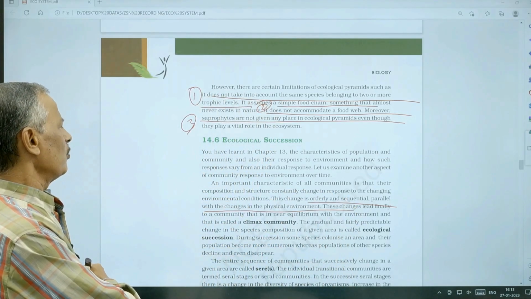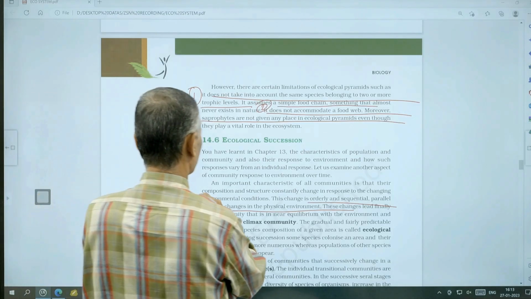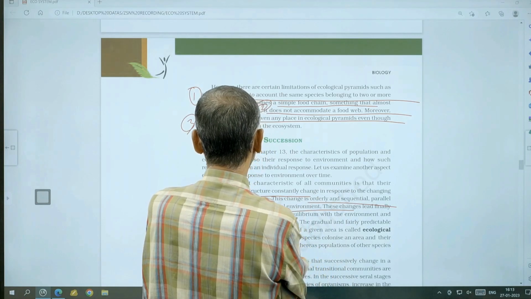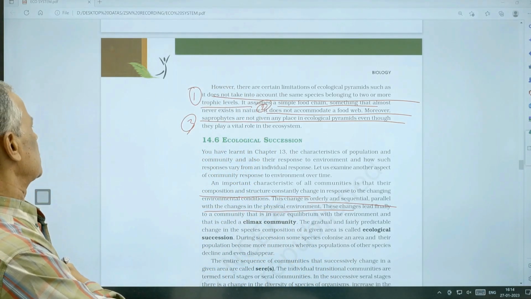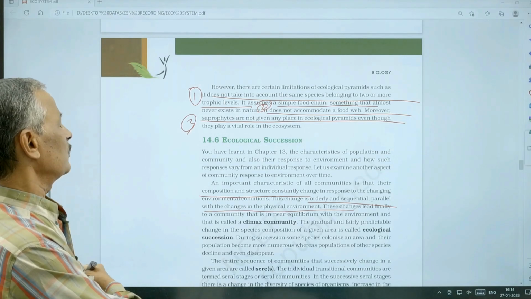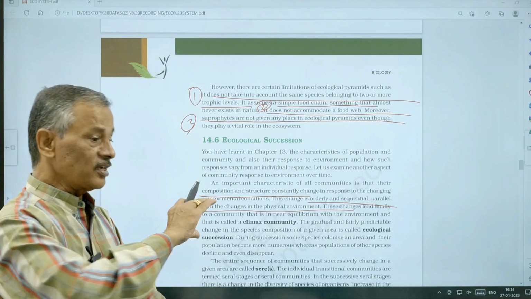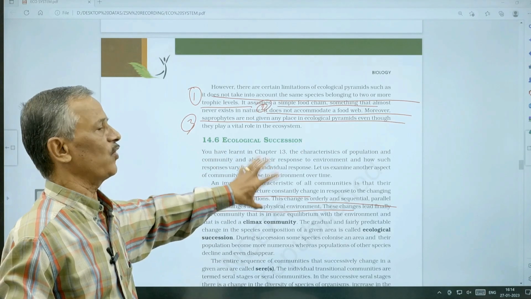So, all communities will be undergoing changes in their composition and structure. And succession is the interchange that occurs in an orderly, sequential fashion.